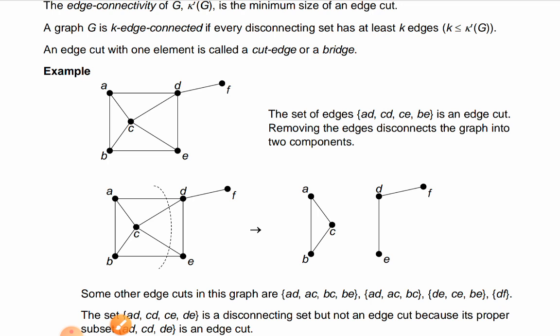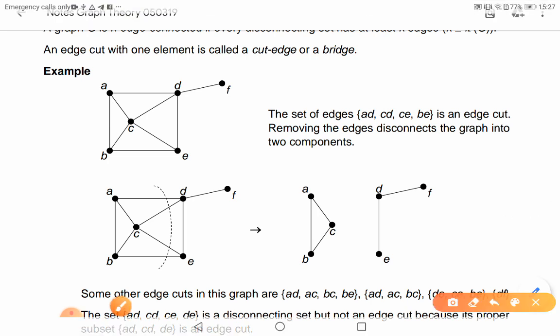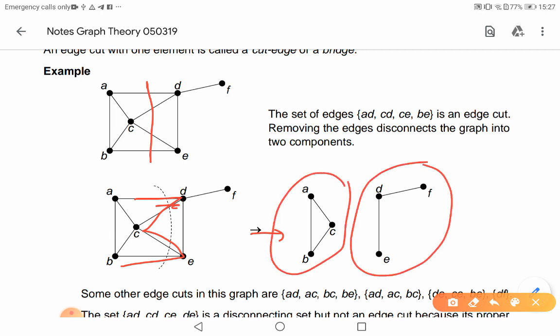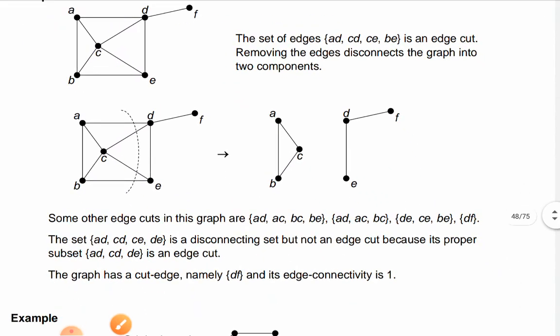When we cut these, this one and this one are cut. So you will get two components. So we say that this set is an edge cut.